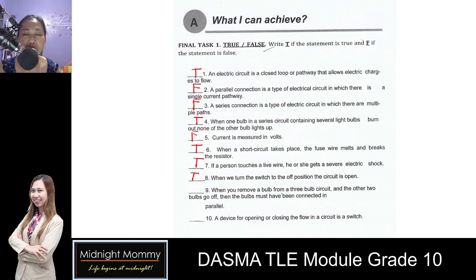When you remove a bulb from a 3-bulb circuit and the other 2 bulbs go off, then the bulbs must have been connected in parallel. Okay, false. Kasi kapag parallel connection, kahit tanggalin mo yung isang bulb, iilaw pa rin siya. So, since ito, namatay yung ibang bulbs, ibig sabihin, naka-series connection to. Number 10, a device for opening or closing the flow in a circuit is a switch.